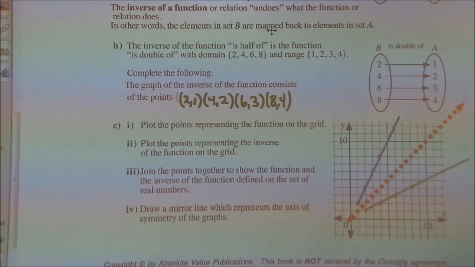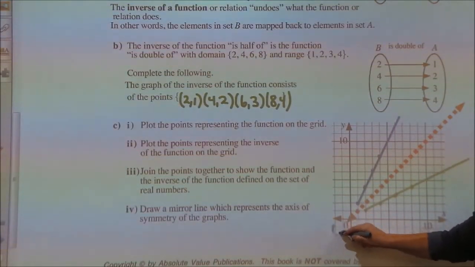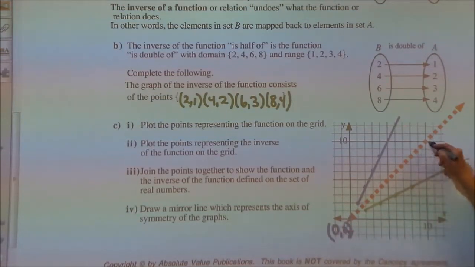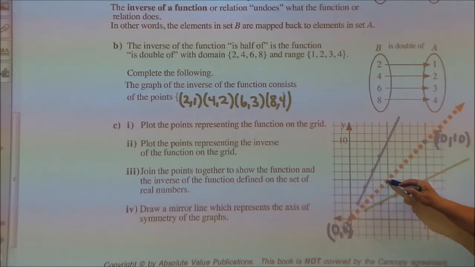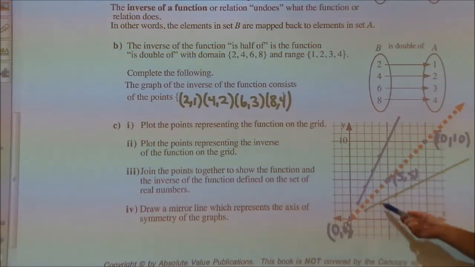The equation of this line, so Kyle's given us two of the points, 0, 0 and 10, 10. What is the coordinate of this point right here? 5, 5. If I said that I had a coordinate 3, what would be the other coordinate? 3.